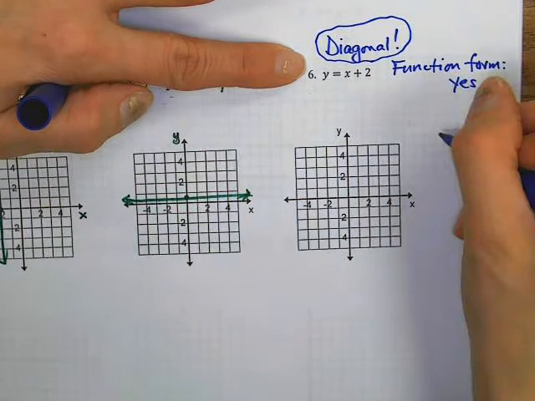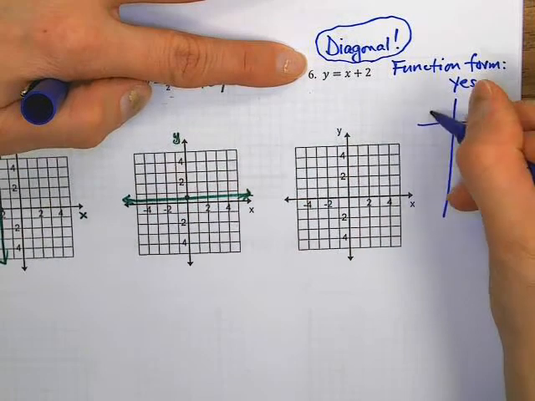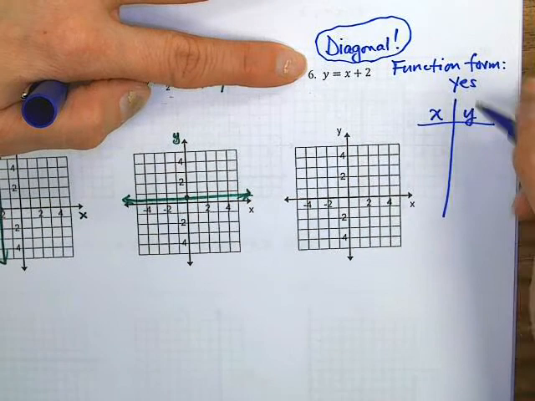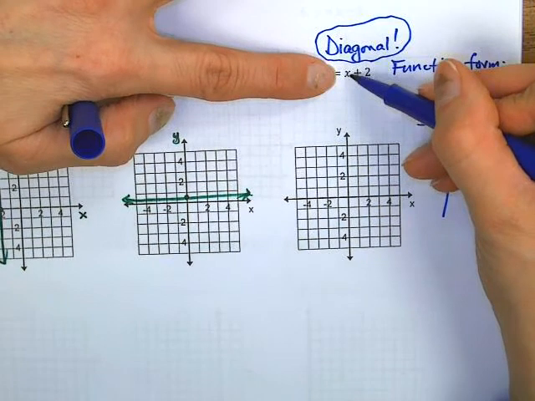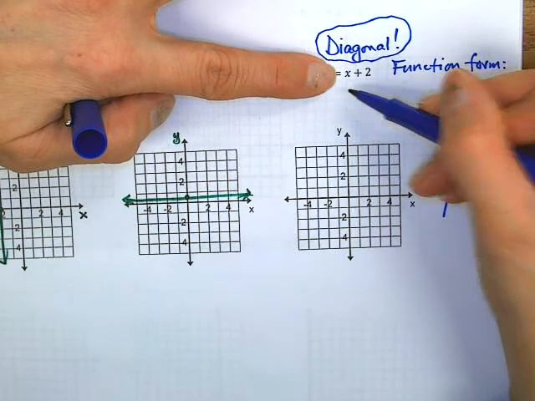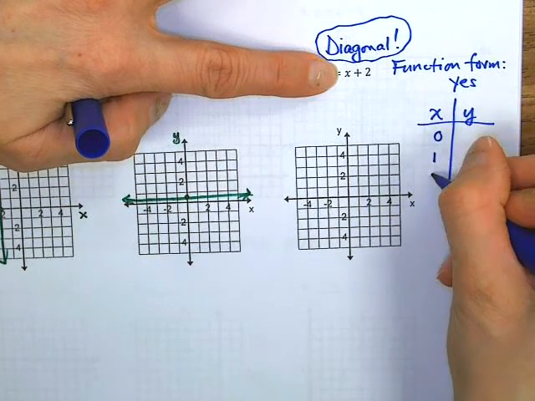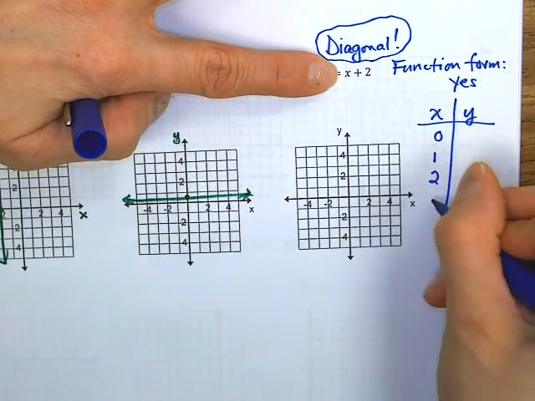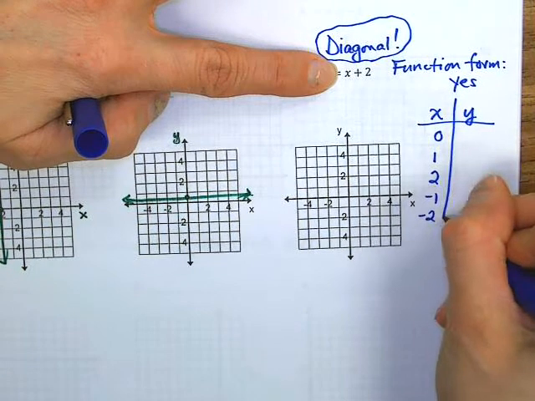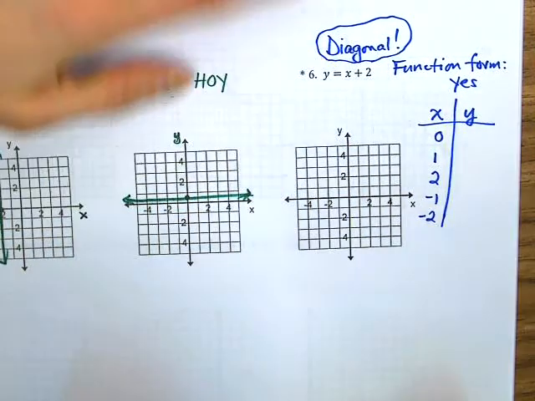So we're going to go ahead and make a table of values, x and y. X is all by itself. It's not getting divided by anything. So I'm going to use the regular numbers: 0, 1, 2. And I need a couple of negatives: negative 1, negative 2. All right, let's plug them in.